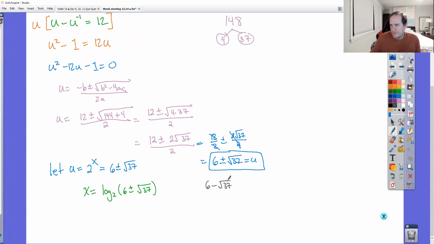So obviously root 37 is a little tiny bit more than 6. So 6 minus root 37 is negative. And that means if we try to take the log of it, it's not going to work. So actually, that's got to go. And we see that our only solution is the log base 2 of 6 plus root 37.